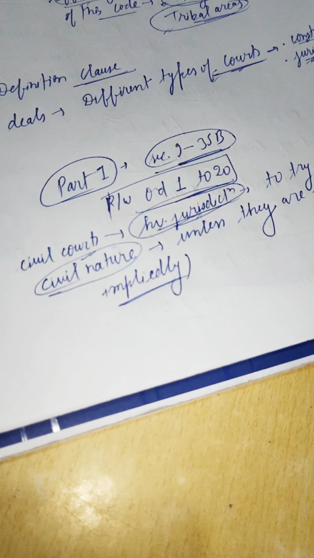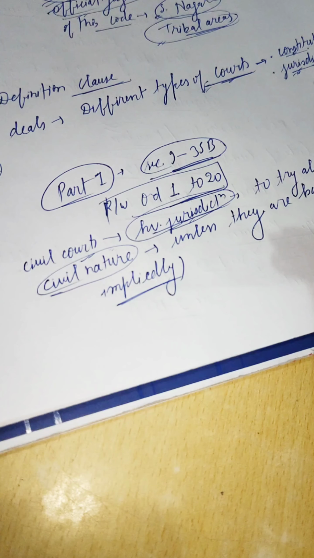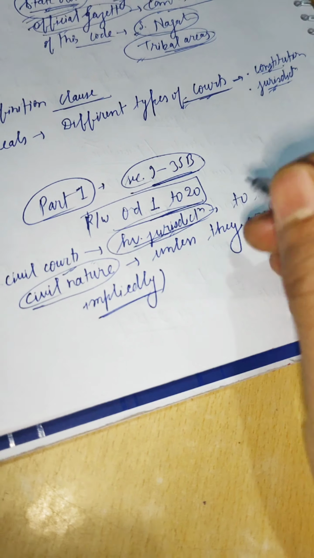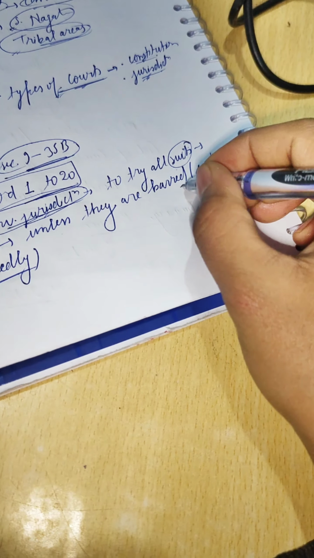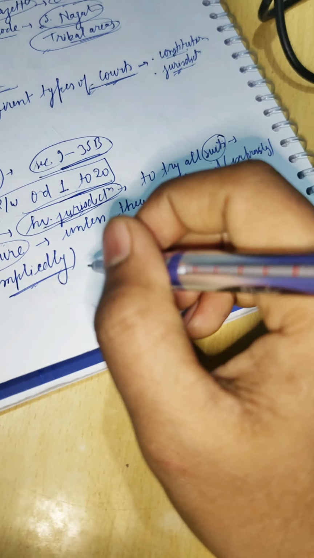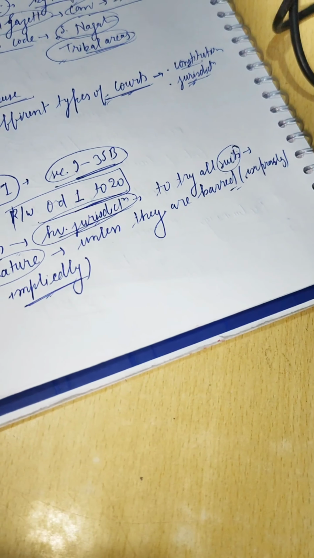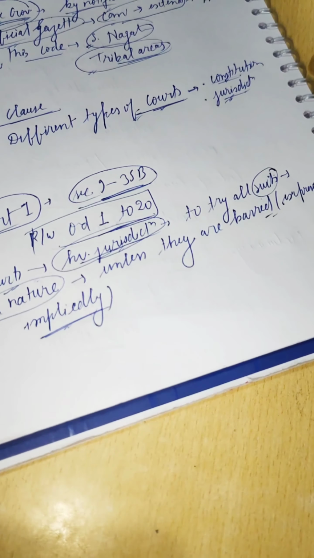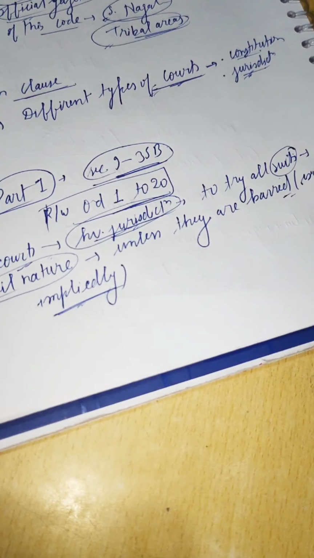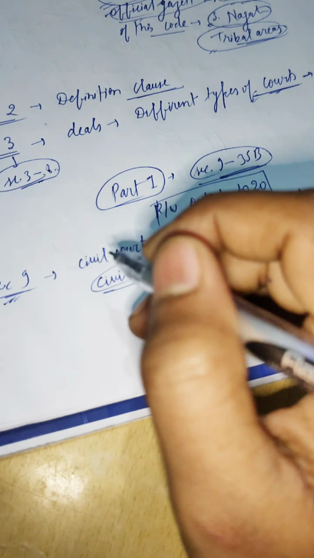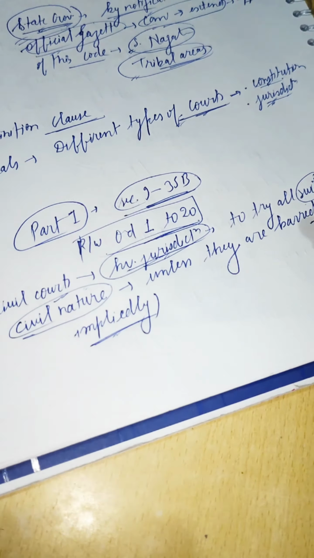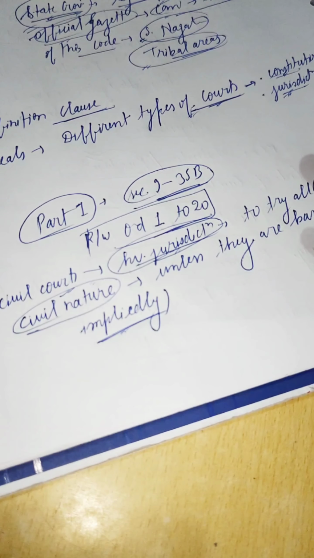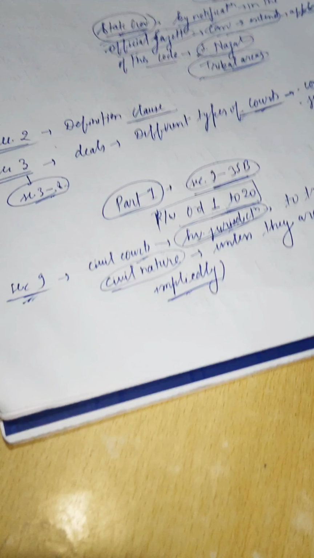But there is an exception to this general rule: if the jurisdiction was impliedly or expressly barred, that is, if the court was expressly or impliedly barred from exercising its jurisdiction in a particular suit, then this section would not be applicable, and the particular court would not try the particular suit.